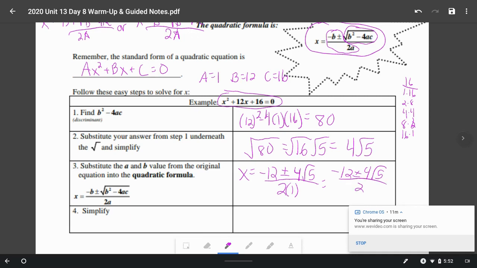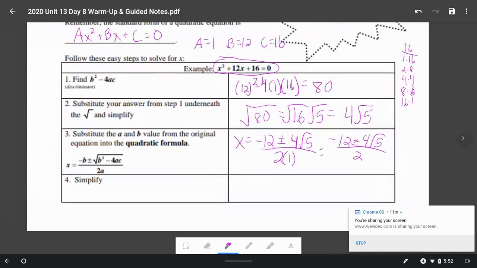Well, we're not done because we can try to simplify. So that means, can we divide out a number from all the numbers that are on the outside, not under the radical, but these numbers that are on the outside? Is there a number that goes into all three of them? Well, yeah, there is. I believe they can all divide by 2.